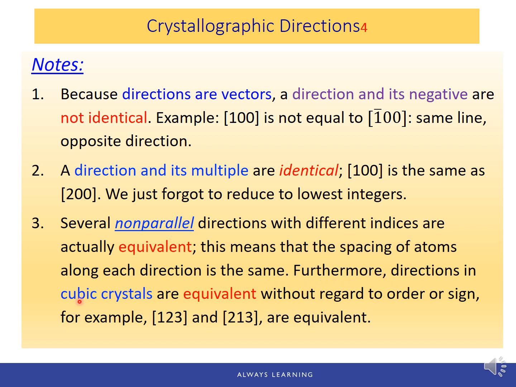Furthermore, directions in cubic crystals are equivalent without regard to the order or sign. This is another example we used earlier in the lecture. The [1 2 3] direction is equivalent to the [2 1 3] direction, because if you pick that direction out, the atoms are the same along that direction.